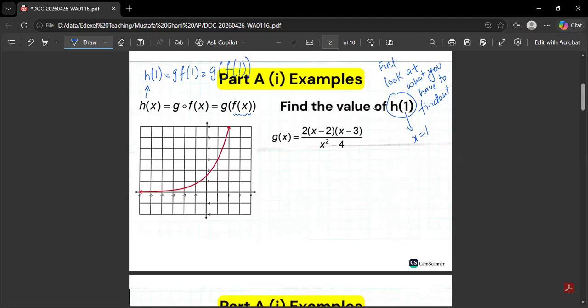So I need to put 1. So where will I get this guy? I will have to put this 1. This is 1, this is 2, this is 3, this is minus 1, this is minus 2.